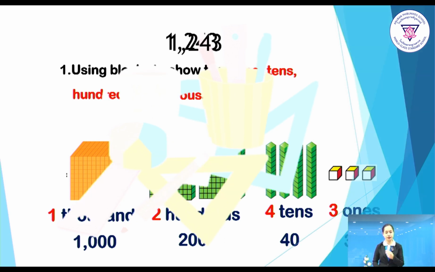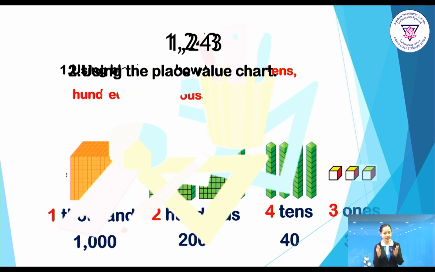Let's go to number 2. You can also use a place value chart. When we say place value chart, you can see the table. How many columns can you see? Yes, very good. There are 4 columns wherein you can see O, T, H, and then TH.